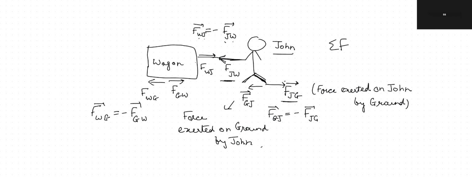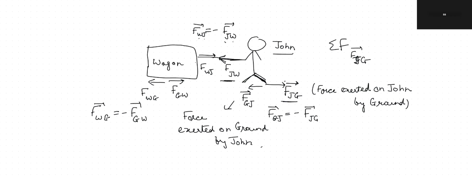So to find out whether John will be moving forward or not, we have to see the forces acting on John. So which are the forces acting on John? One is force JG, the force acting on John by the ground, and the force acting on John by the wagon.